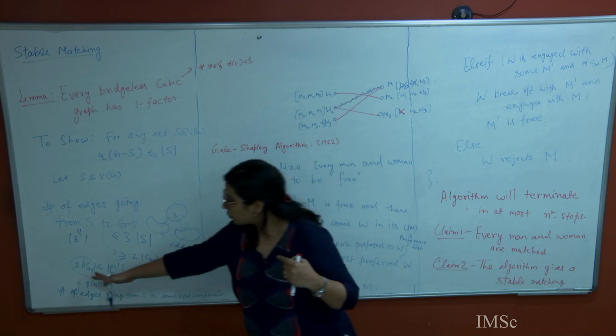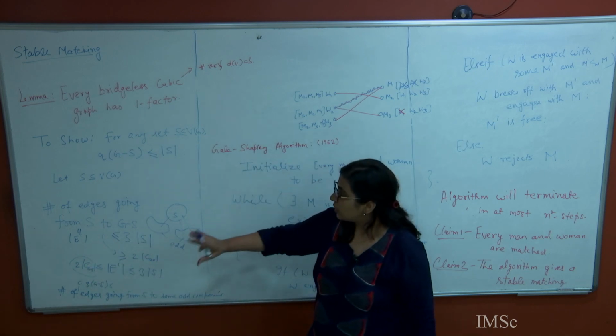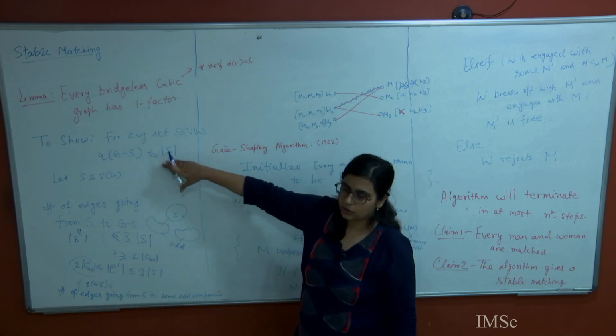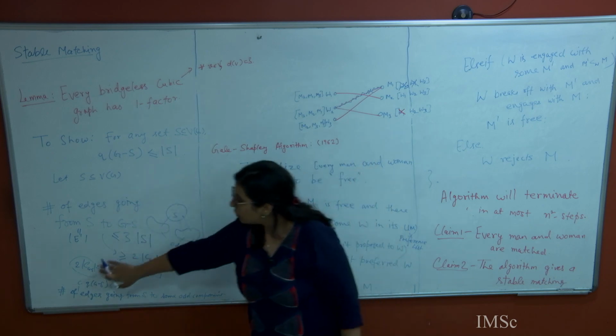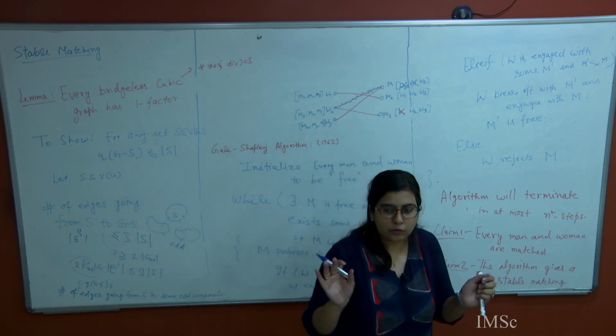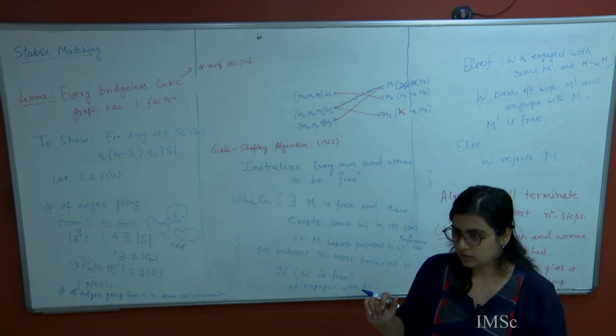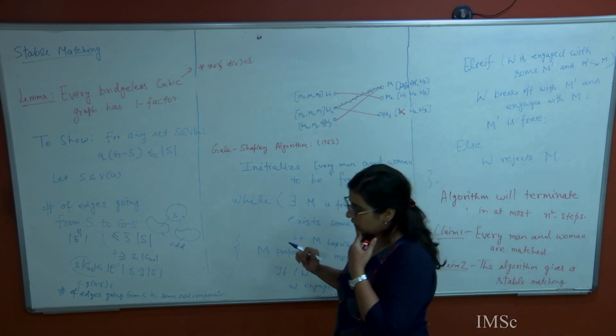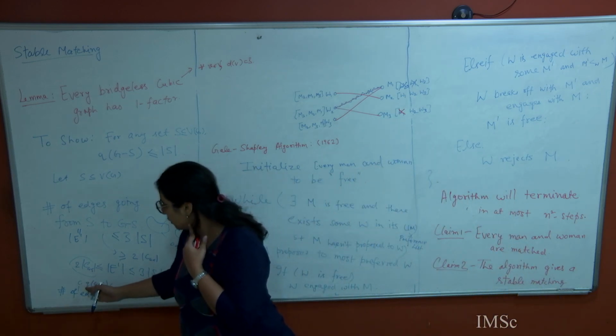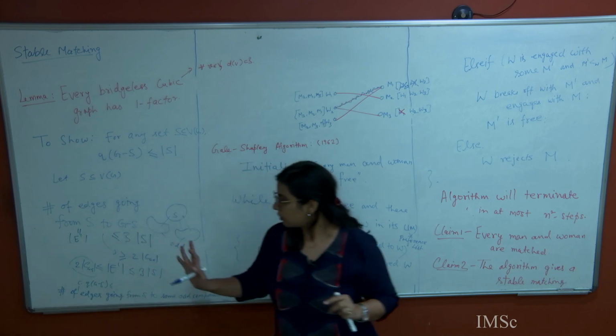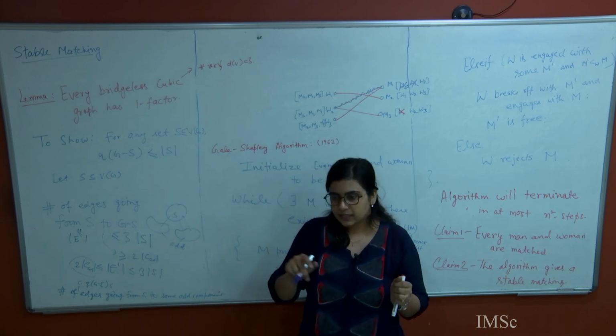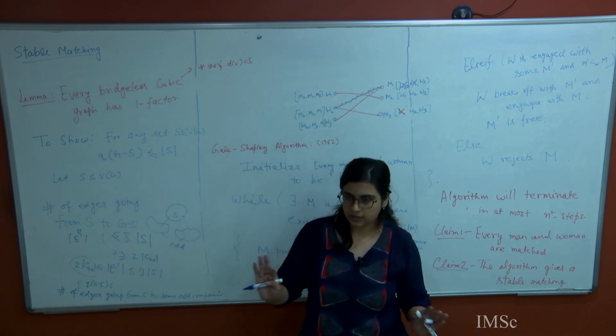So that's why 2 into Cg minus S, because I want to achieve this inequality, so I'll look at the number of odd components only. So I'm saying 2 into the number of odd components, at least these many edges will be there. This is still fine.